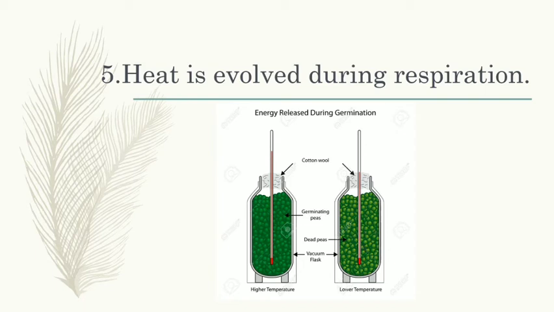Now we are placing the live, germinating seeds in A, and in B we are placing the dead seeds. After this, we insert thermometers in order to measure the change in temperature. After placing the thermometers, we seal the mouth of both flasks with cotton wool, and we take the first reading of the thermometers in both flask A and B. Now we will leave each flask for 3 to 4 hours.